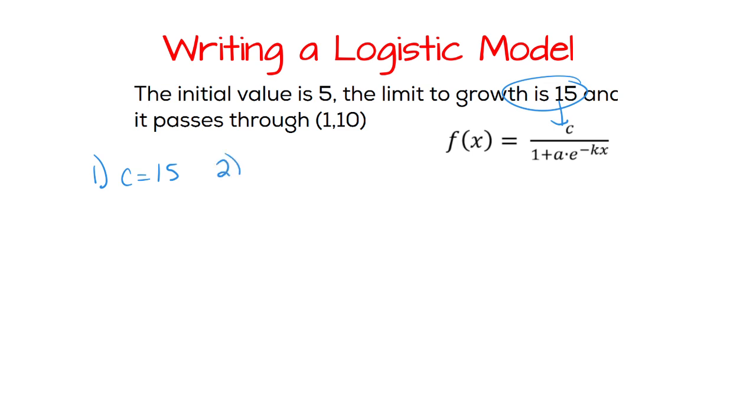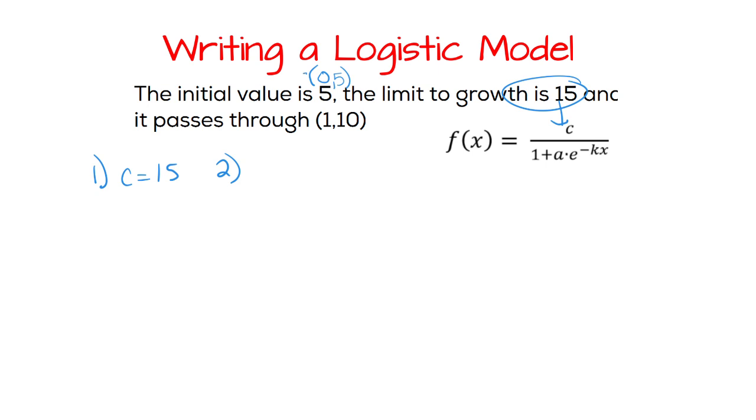Okay, now the next thing I'm going to do is work on that initial value. Now remember, the initial value does not just sit there, but you work through it. The initial value is supposed to be 5, and that happens at time 0. So think of this as an ordered pair (0, 5).